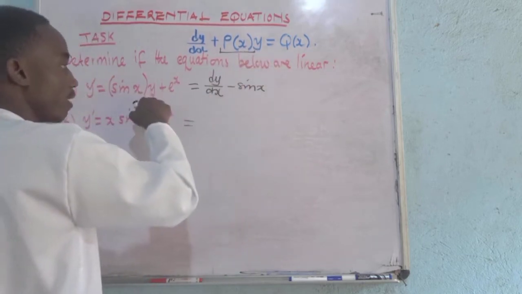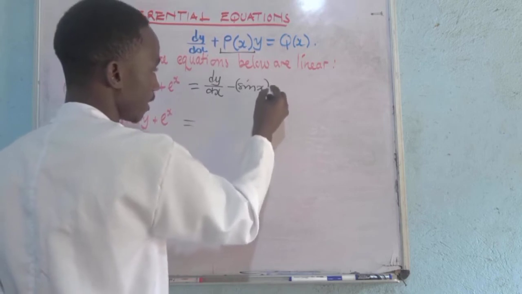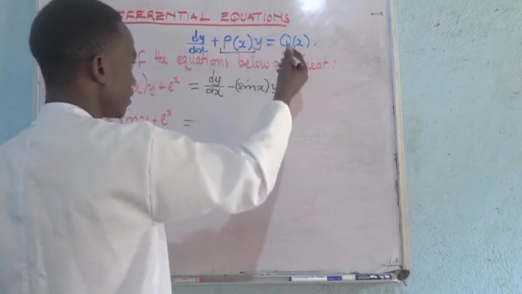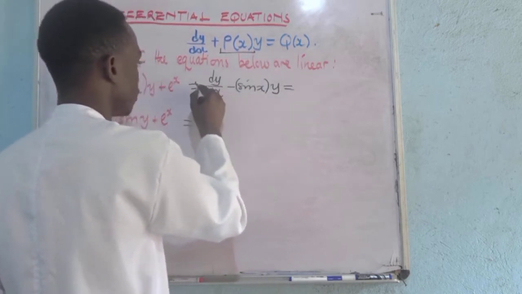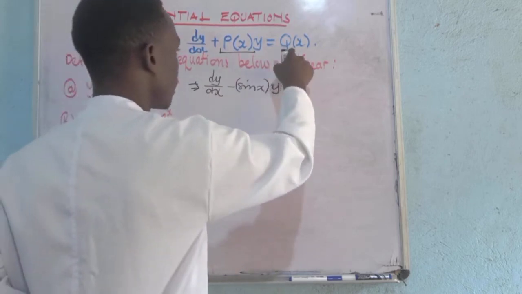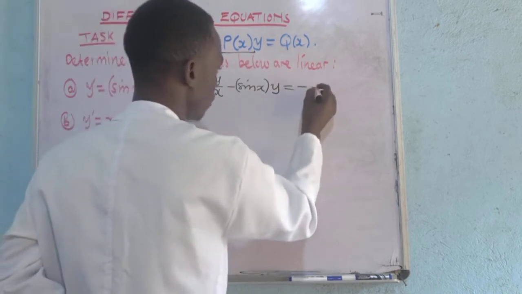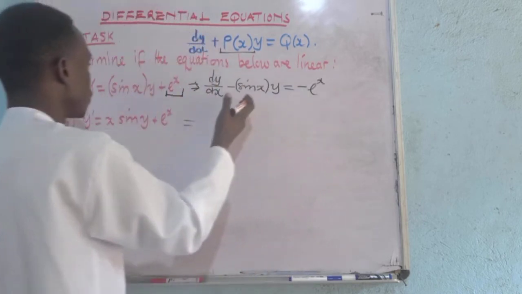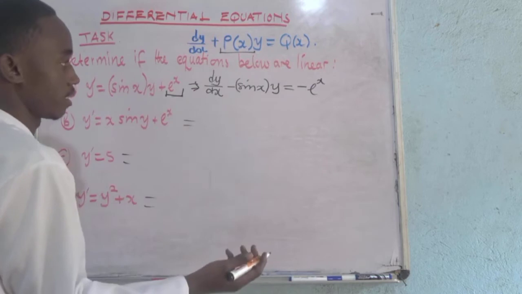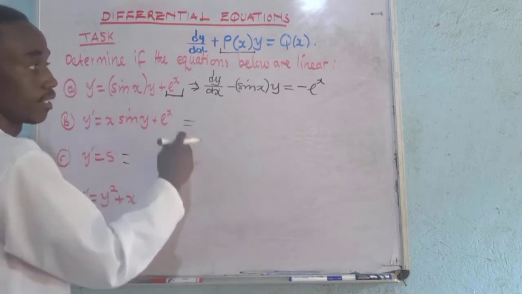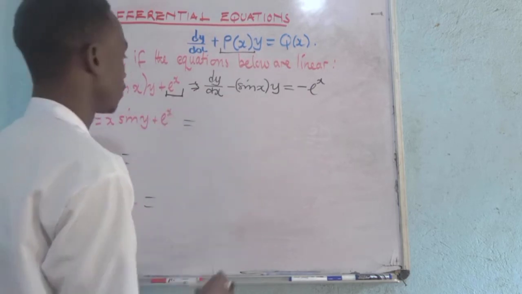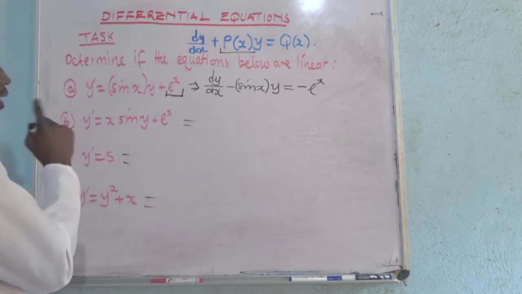So we have a y here, and this is equated to another function q of x. What you have here is another function of x. So the first one is a linear equation. That's how you can determine whether or not an equation is linear.